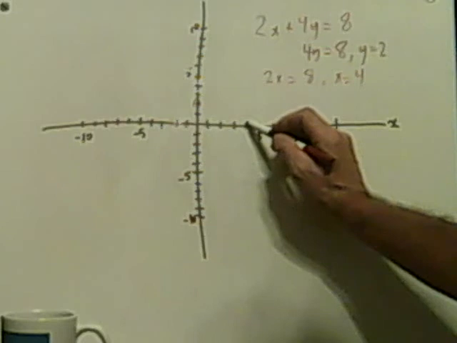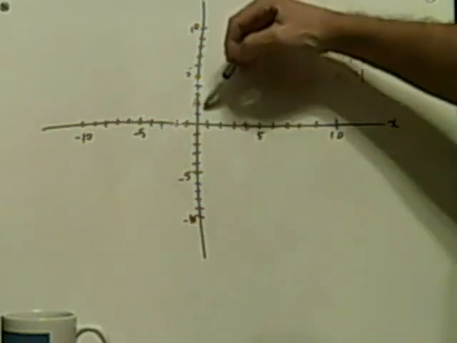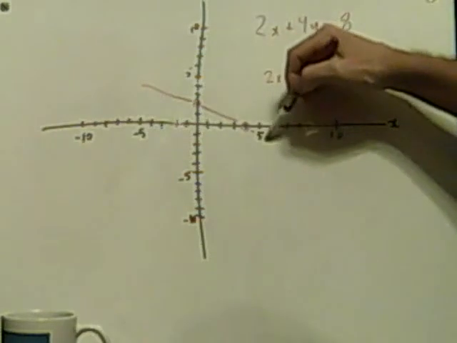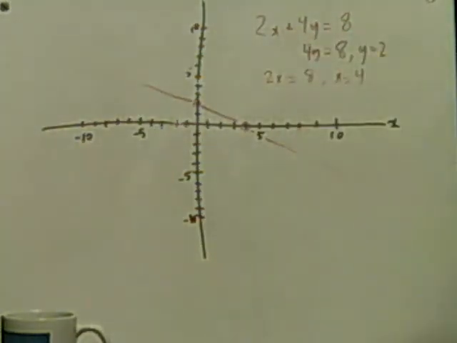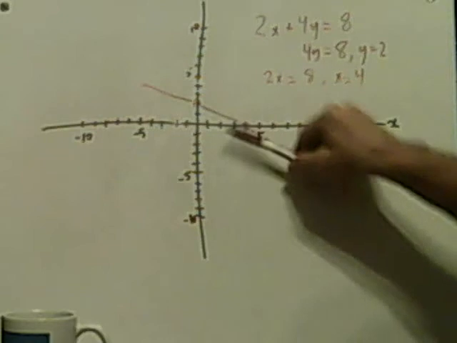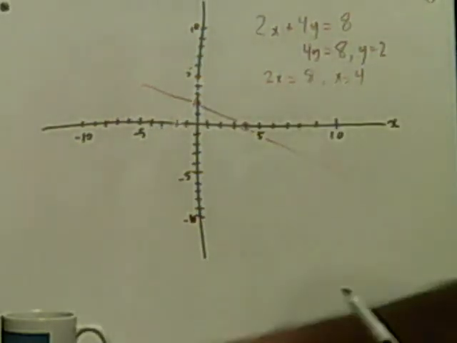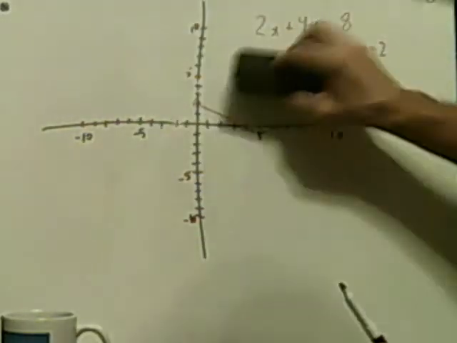So that would be over here. So actually, in this case, we're going to get a very similar line, only it's turned on its side. It's going over 4 and up 2. That actually is a slope of negative 1/2, because the ratio of the rise over the run is the ratio of 1 to 2. Okay, let's erase that away.